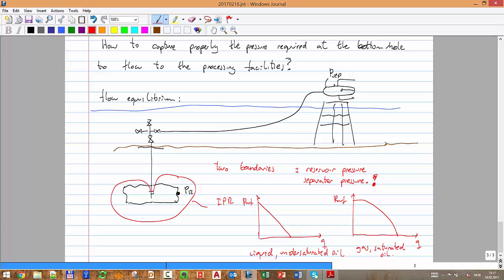Very simple. If you see, when I have no flow, the rate is 0, then that pressure should be reservoir pressure. And you get the impression that if I produce from that reservoir, then it's going to decline with time and the IPR is going to change with time, probably becoming smaller and smaller and smaller.